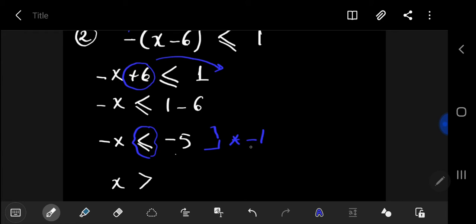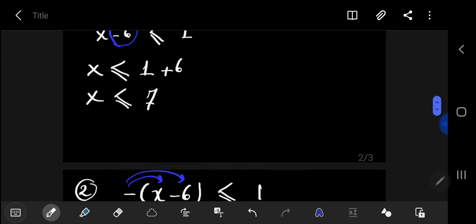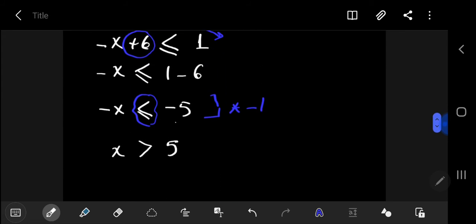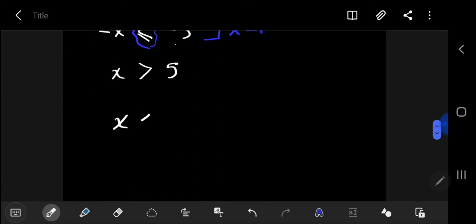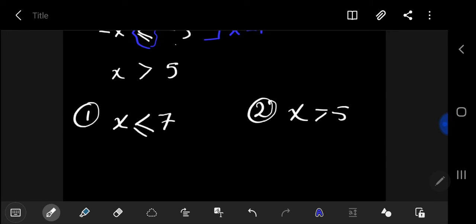Minus 5 times minus 1 is 5. So here I take two values of x. The first value, x smaller than or equal to 7. The second value, x bigger than or equal to 5. I hope you understand what I do in this example.